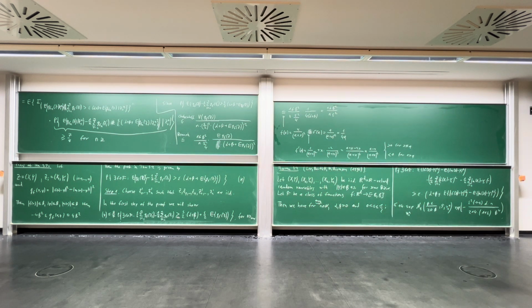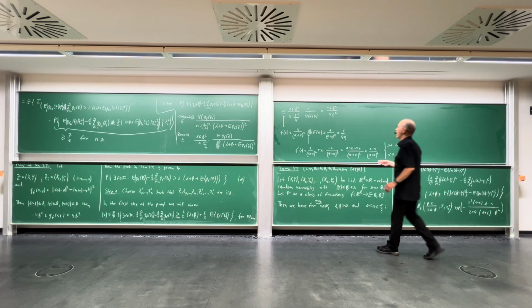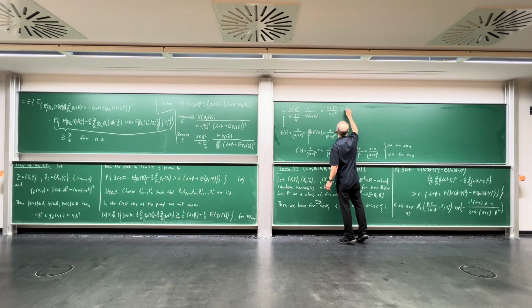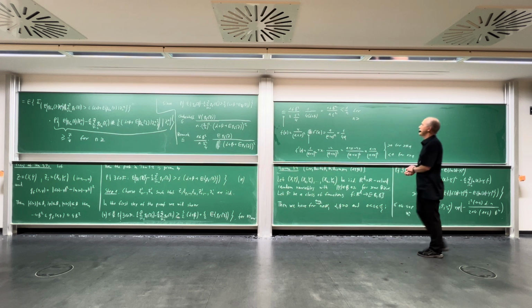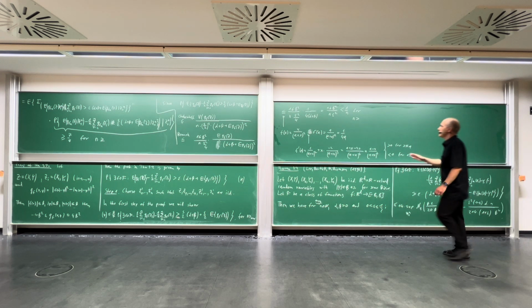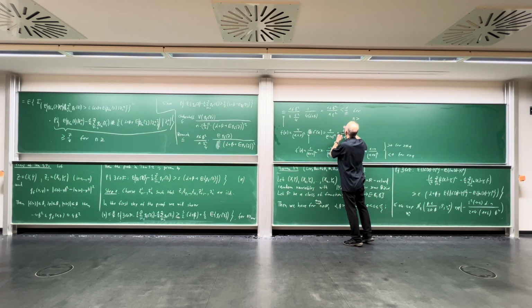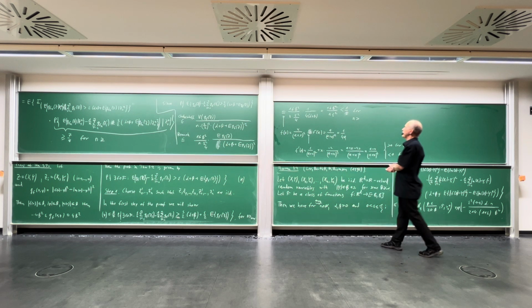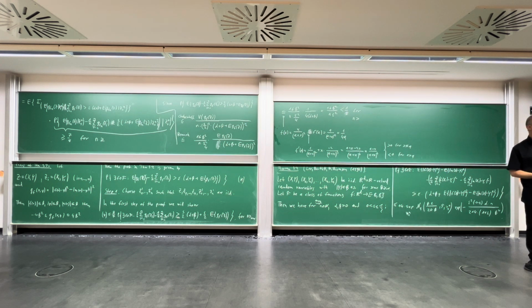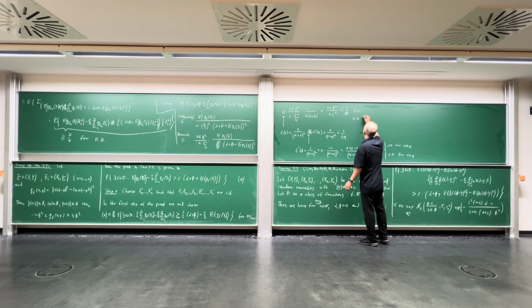And now I want to have that this guy is less equal than 1 divided by 8. And then you see how large n must be. N must be greater than 8 times 16, 128, times b squared divided by epsilon squared.